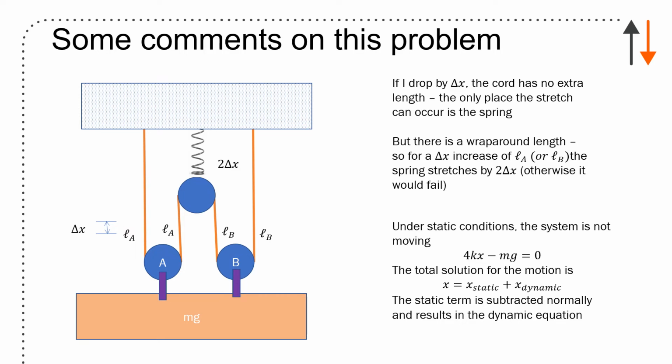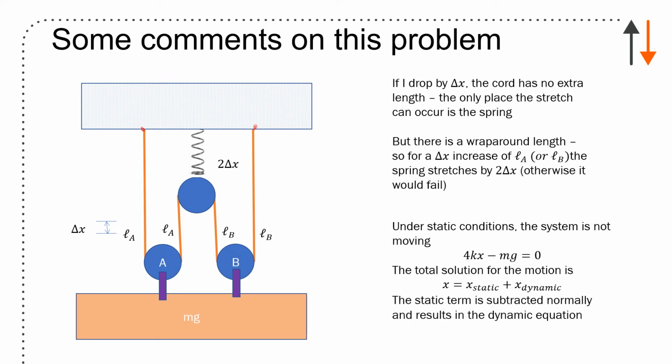And so if this goes down by delta x, this has to move by 2 delta x in order to make up for the increase in length of the cord, because this cord starts here and ends here. It's a finite length. I can see that with my eye.